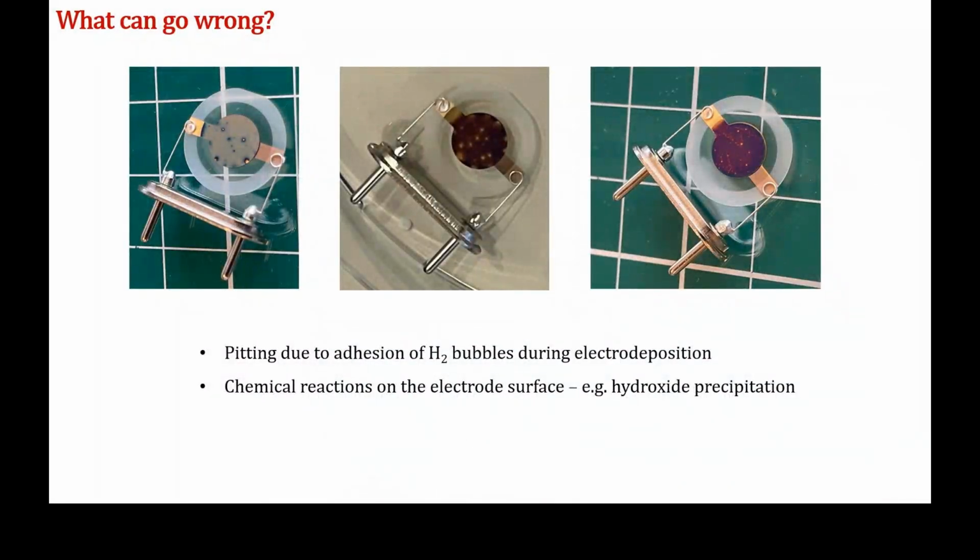The bubbles didn't break off, the deposit formed around it, and if you push the reaction to even more negative potentials, you start to have a chemical change occurring at the surface as well. So if you're expecting lovely shiny nickel, this is an example of when you don't get the lovely shiny nickel.